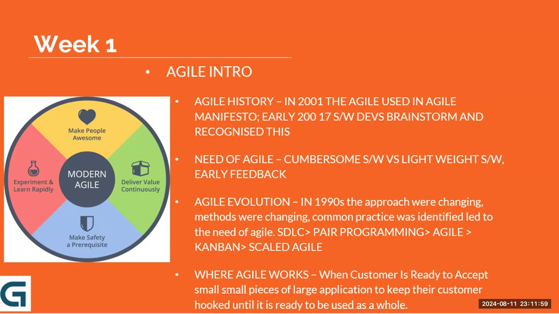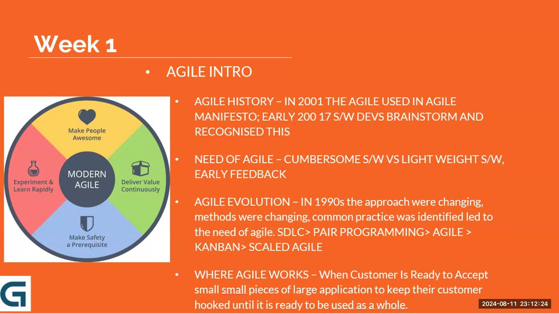Like how a plant has a life cycle, how a day has a life cycle, we start with early morning, then morning and afternoon, in the same way the software development process also has a life cycle. We will learn that in detail. Don't worry, we're not planning to bombard you in the first session, just a light basic introduction.